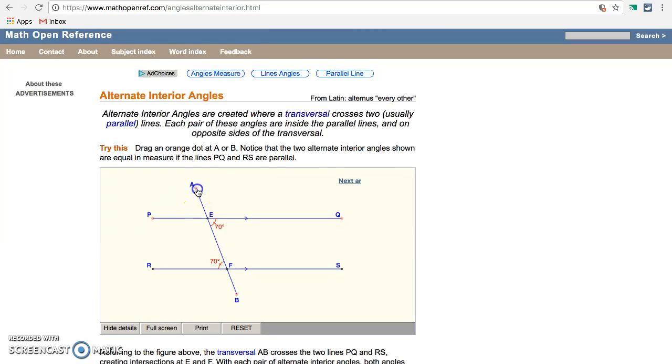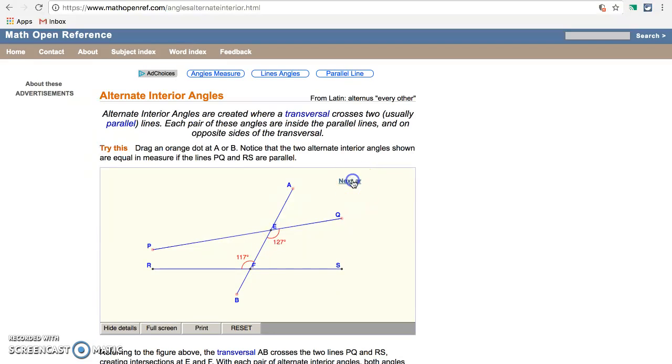And again, same thing. We can grab a hold of the orange dot and drag that and see that indeed the alternate interior angles are always congruent if the lines are parallel to each other. And by the same token, if we grab over here the orange dot on P and we start making these lines not parallel, you can easily see that the two interior angles are not the same.